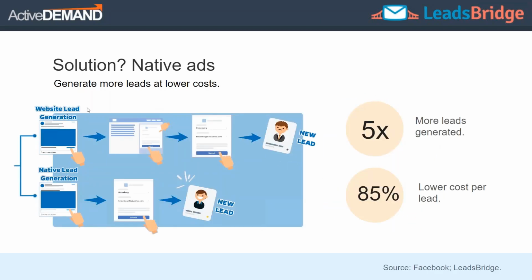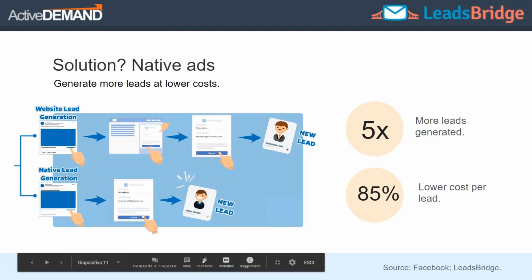The reason why it works so well is that, in comparison to a website lead generation system that requires you to send people to a website page, where they need to fill in their information and then you collect a new lead, with lead generation ads you only need 2 steps.